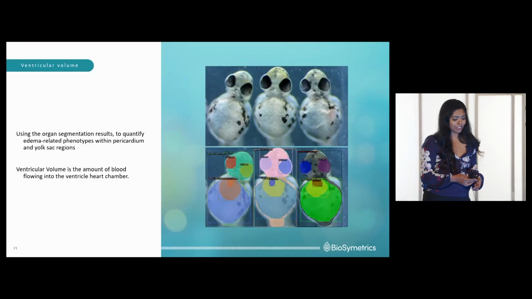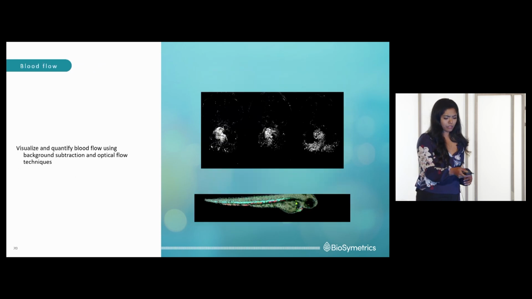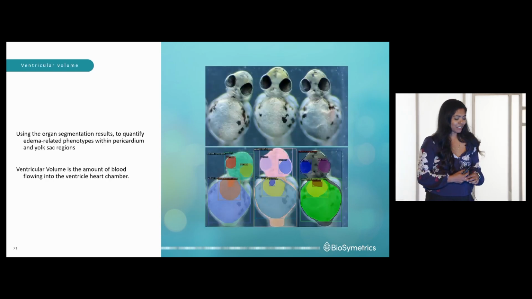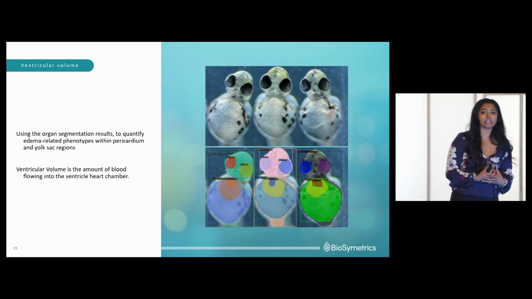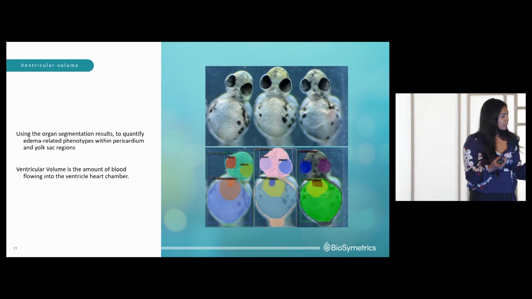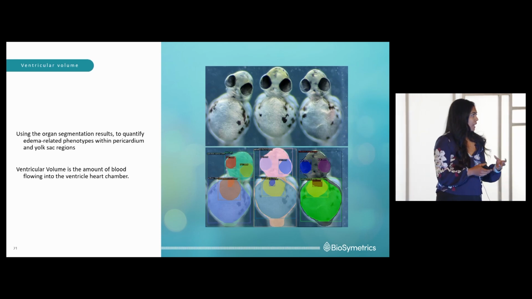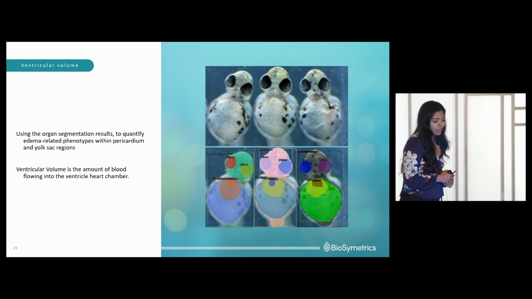Finally, we have ventricular volume and edema-related phenotypes. Okay, so looking at edema-related phenotypes, what edema basically means is some sort of blood pooling or blood circulation issue. So typically edema would look kind of like a bloated body, like you see at the top few zebrafish there.